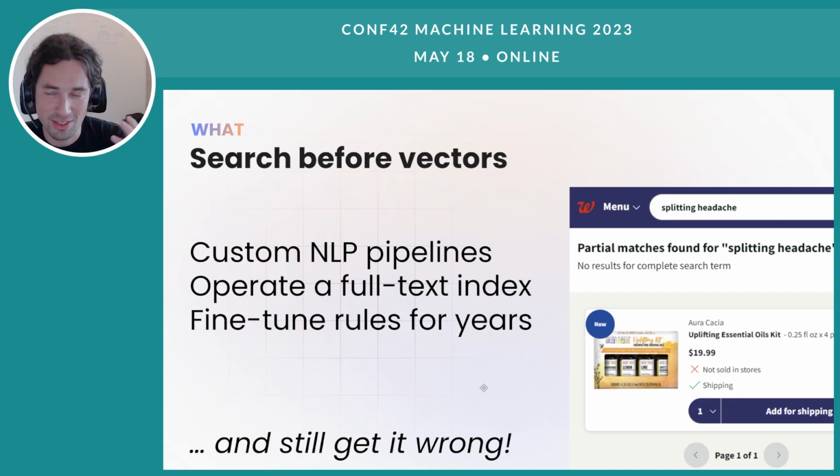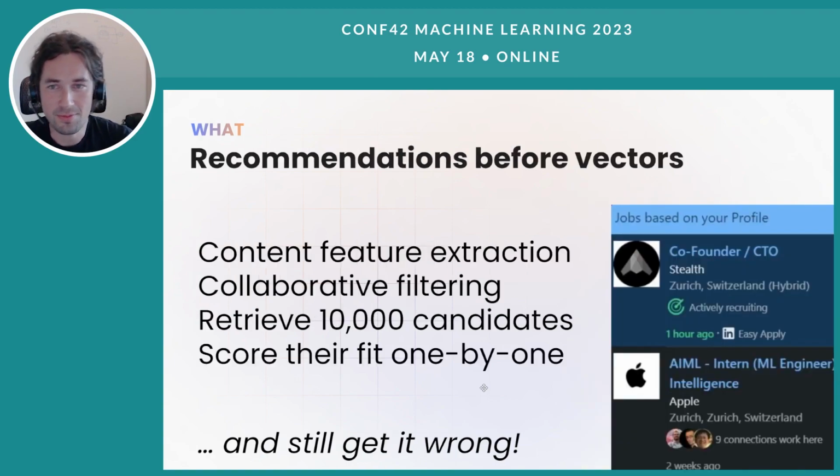And here I have a Walgreens example, I could have used any example. This is an online pharmacy basically, and I type in splitting headache, and I'm basically getting one result, which is essential oil, and no pain medication, nothing for migraines, right? Because I used keywords that are not exactly matching the results, and so a keyword-based system gets it wrong, right?